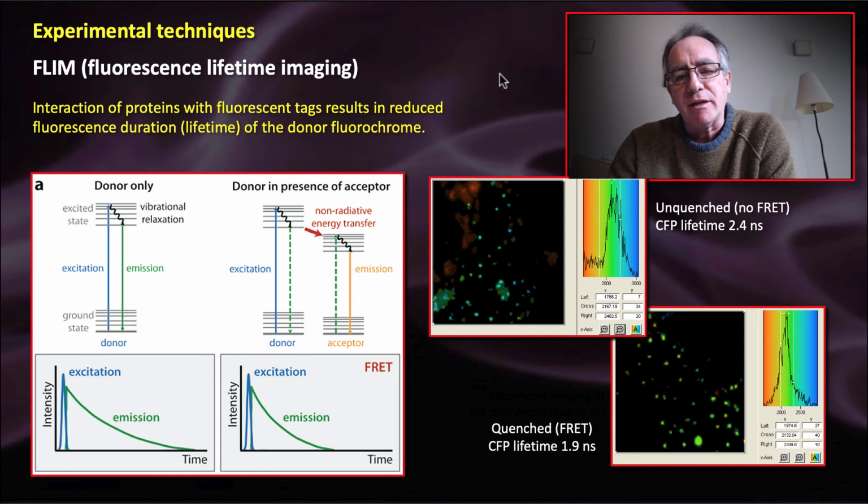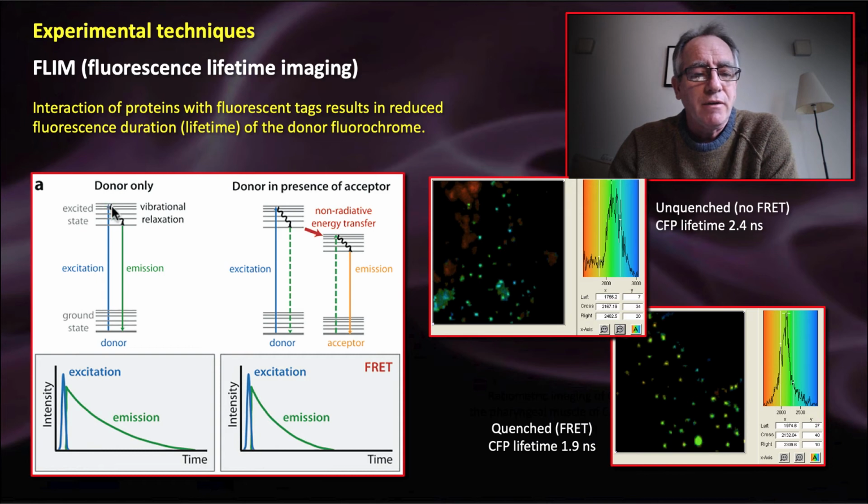Here's a nice technique which sort of follows on directly from FRAP. This is called FLIM, Fluorescence Lifetime Imaging. So do you remember when I talked about fluorescence, I talked about how a molecule is down here at its ground state. It's excited by the input of energy, which is the lasers in confocal microscopy. That causes its electrons to jump up to a higher energy shell, which is up here.